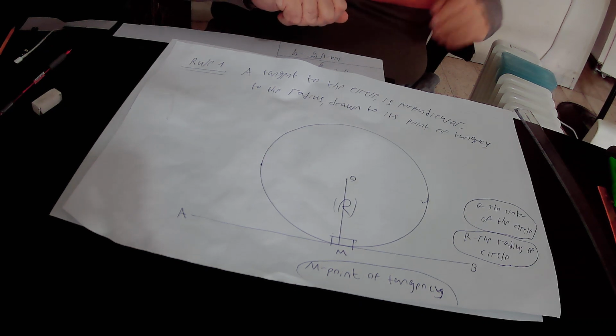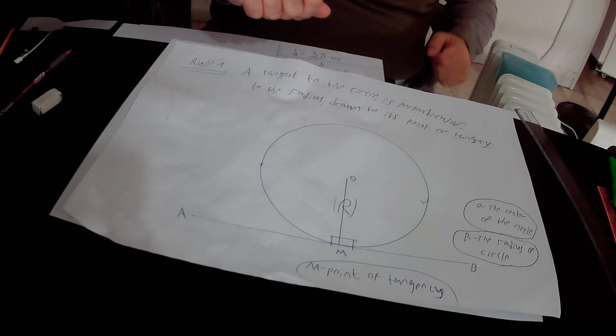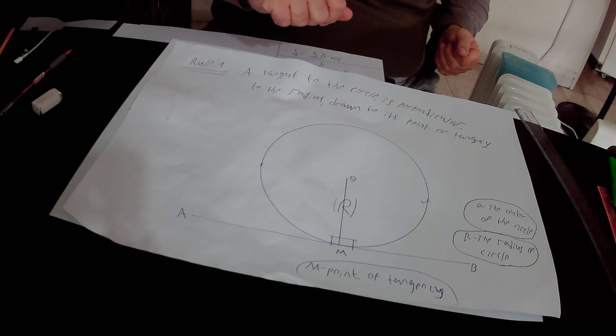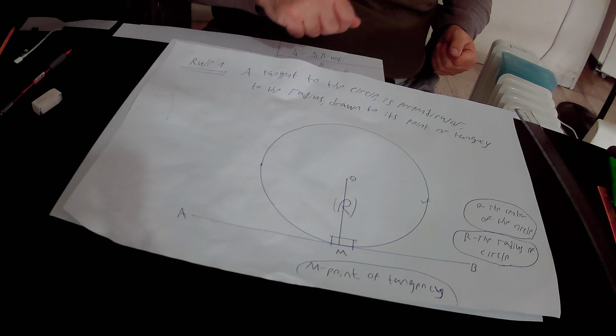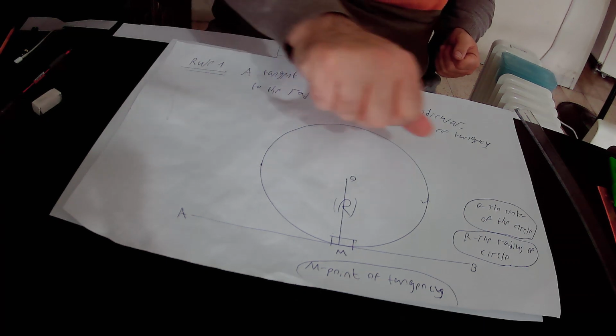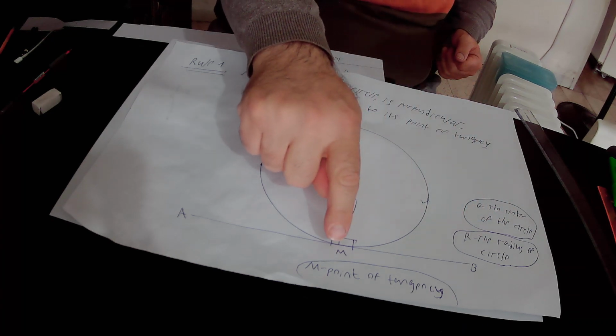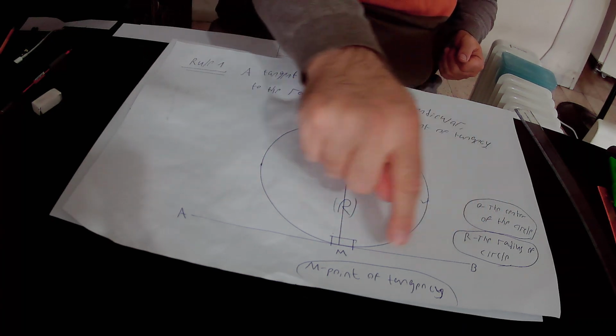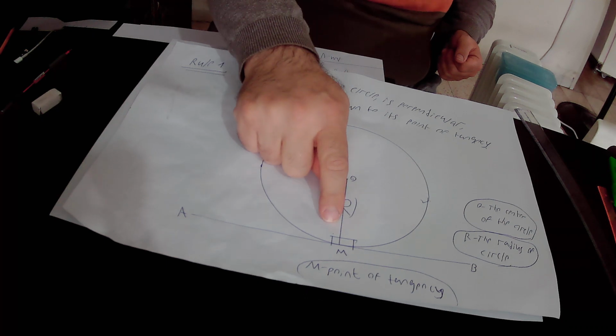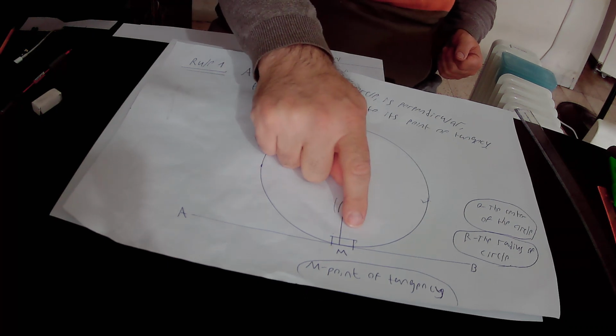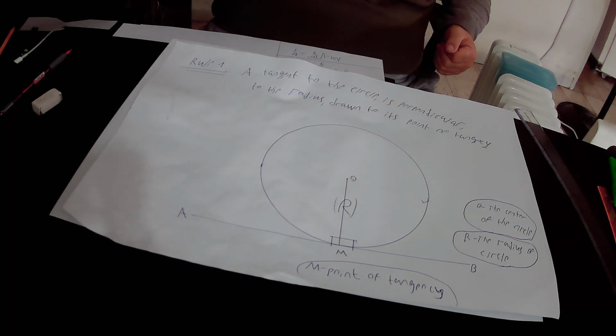And you have the radius OM drawn to point M, that is, drawn to the point of tangency of tangent AB with this circle. Whenever you have a radius drawn to the point of tangency, then tangent AB will be perpendicular to the radius MO. If AB is perpendicular to MO, it means that this angle equals 90 degrees, and this angle also equals 90 degrees according to rule 1.